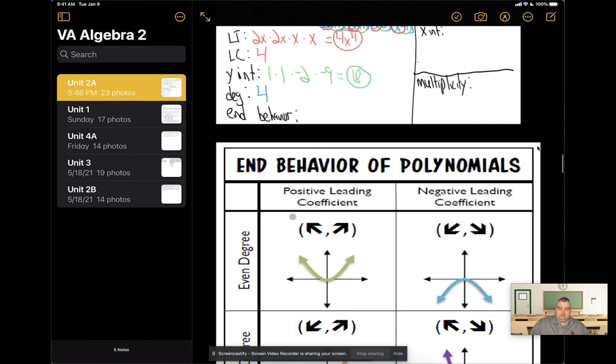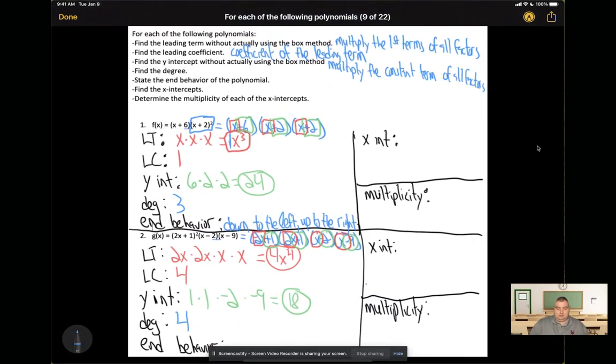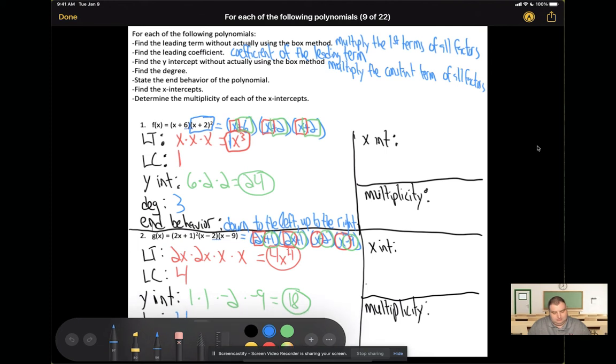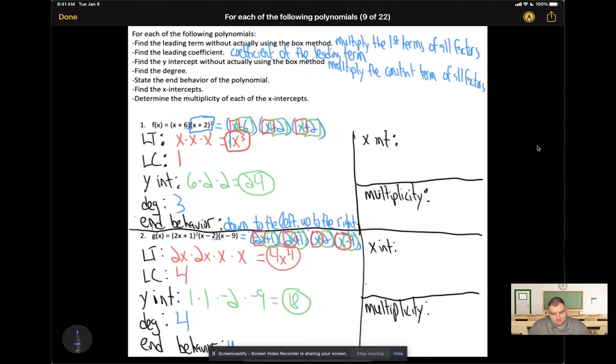So that's going to be up to the left and up to the right. So my end behavior for number 2 is up to the left and up to the right. So that's my end behavior.